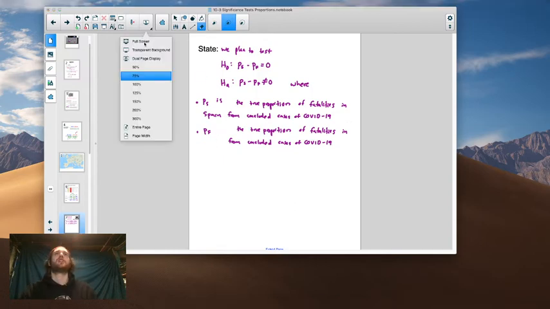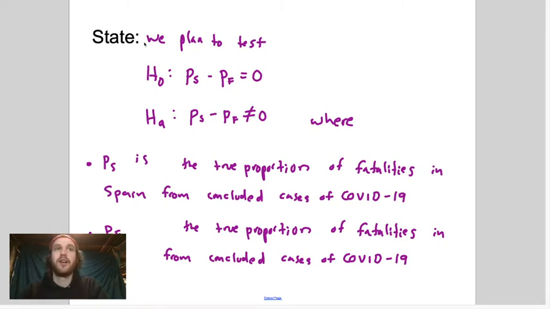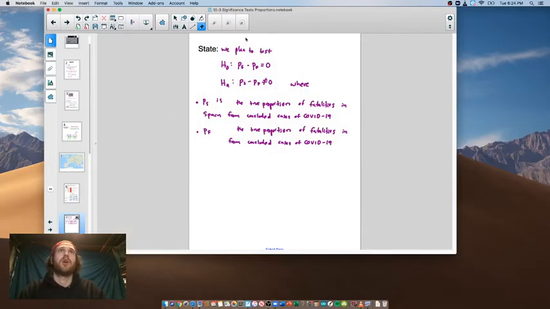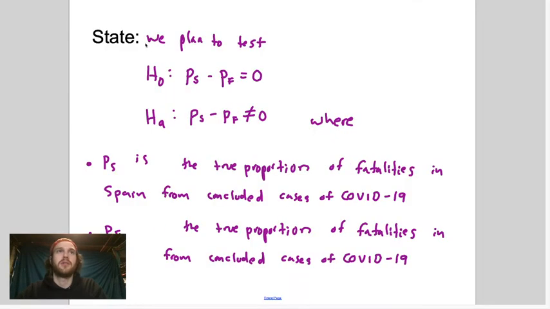Wow, I am a cheater. Make sure I reselect my ink. Probably could have been done by now. Please don't be mad at me. And PF is the true proportion of fatalities in France from the concluded cases of COVID-19.